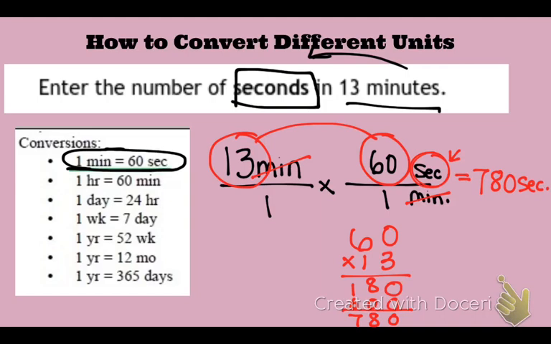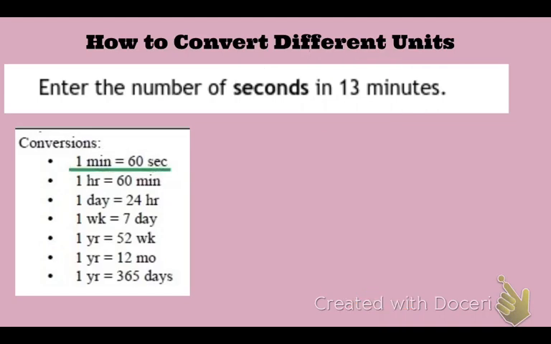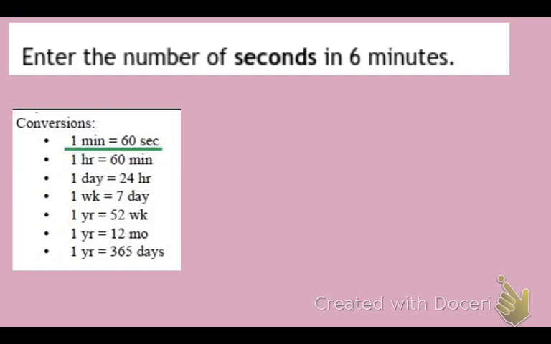Let's put one more in our notes. So let's advance this slide. Take a look at this. So again, enter the number of seconds in 6 minutes. So what do we know? What are they asking us to find out? So our known in this case is our 6 minutes. They want us to take the 6 minutes and change it into seconds.